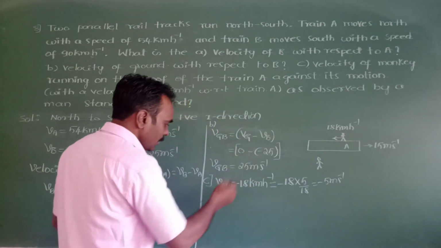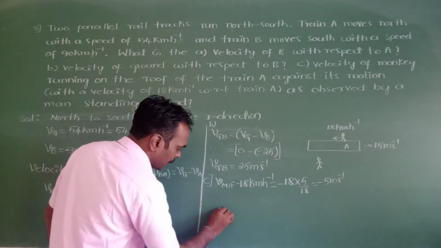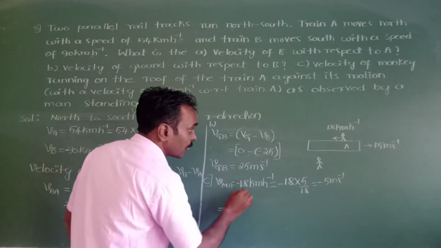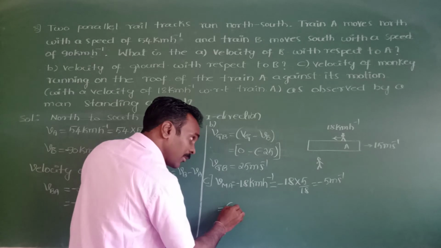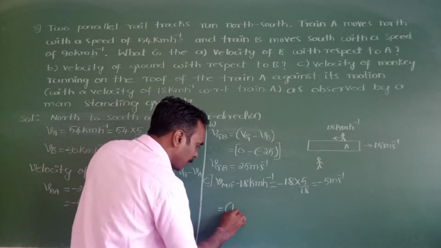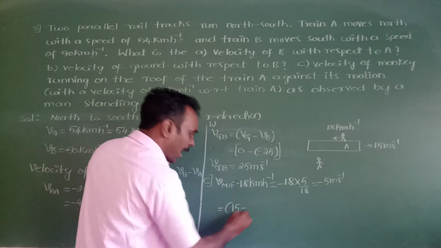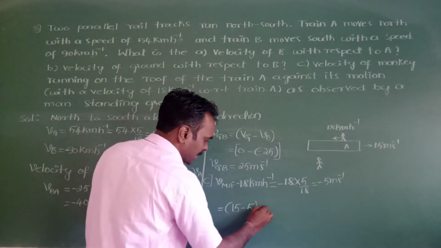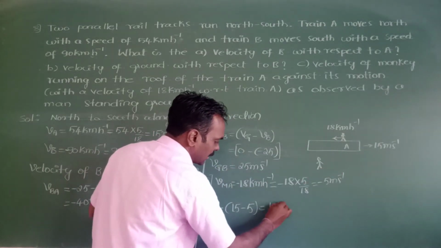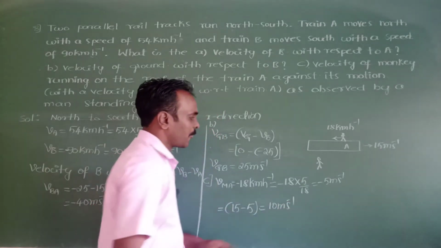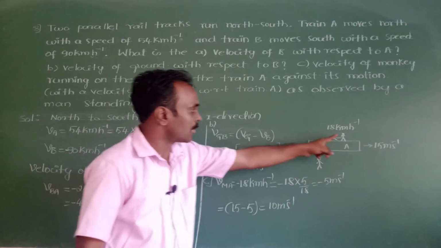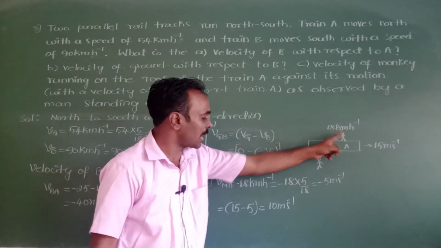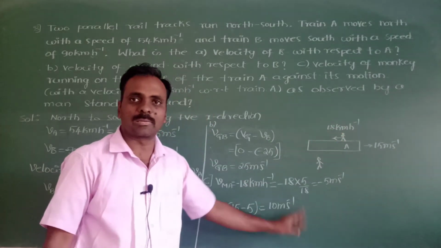So that can be calculated by the formula: the velocity of the train, 15 meter per second, minus the velocity of the monkey, 5 meter per second, and the answer is 10 meter per second. For an observer, the velocity of this monkey appears to be 10 meter per second.